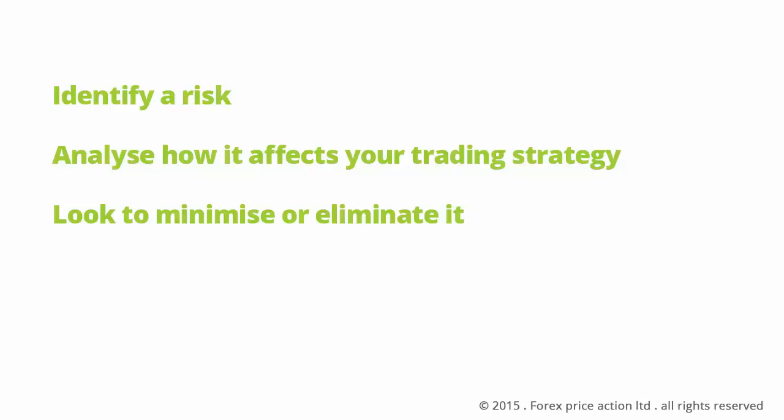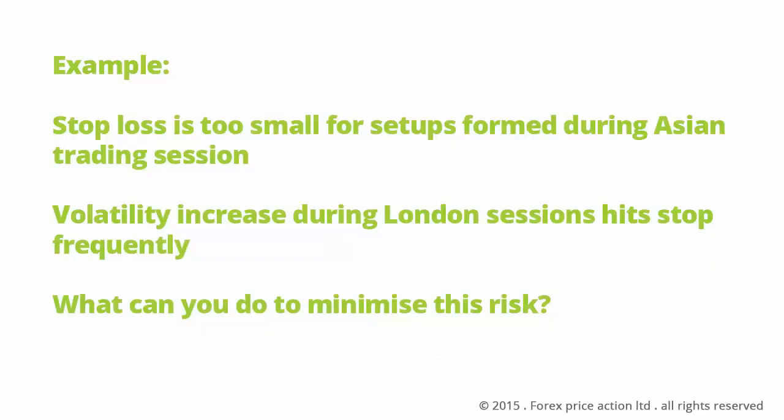Suppose you are trading a strategy on Euro USD 1-hour chart. This strategy has a stop loss placement that depends on the size of the two candles prior to the entry signal. You carry out the exercise above and identify that changes in volatility is a risk to your strategy.